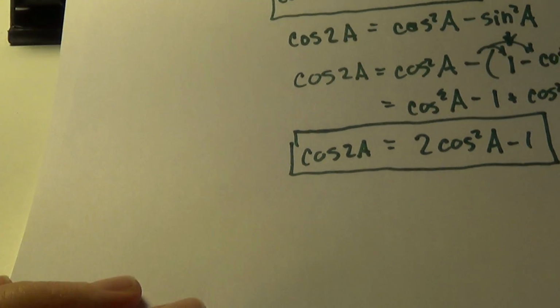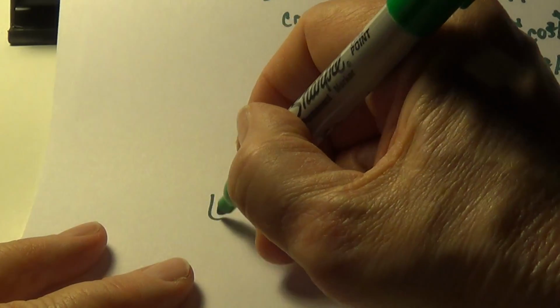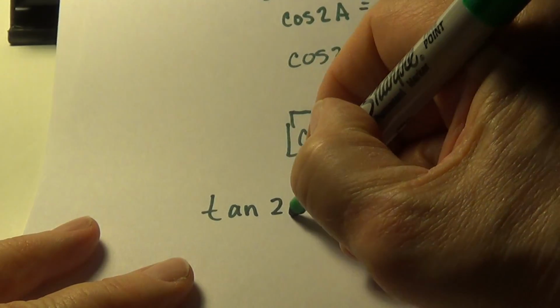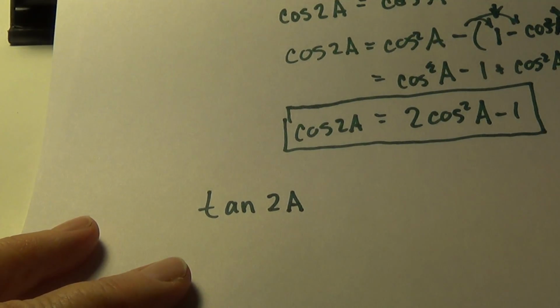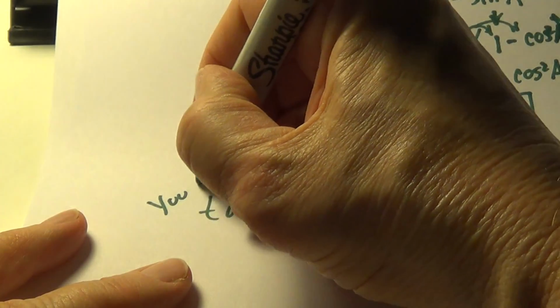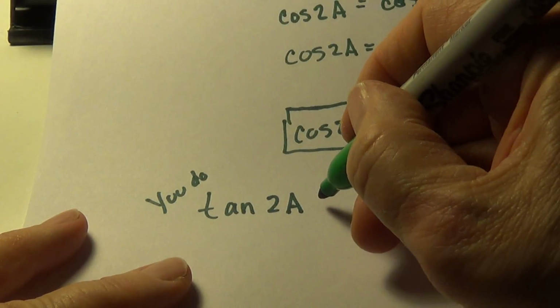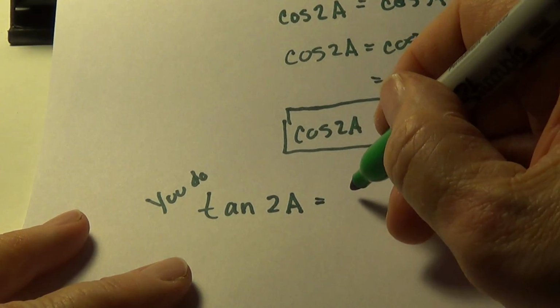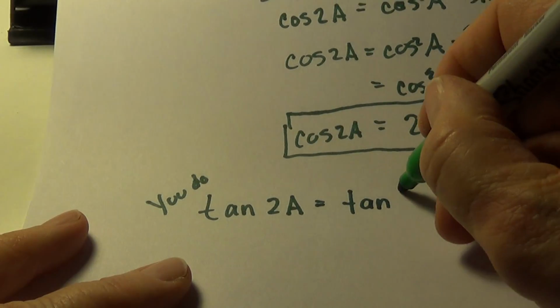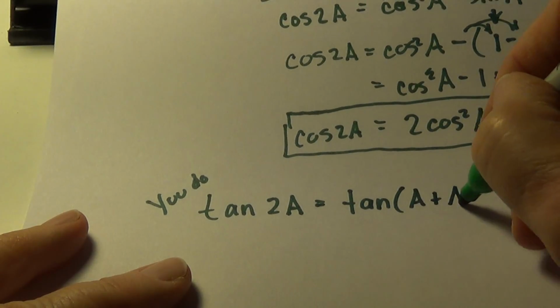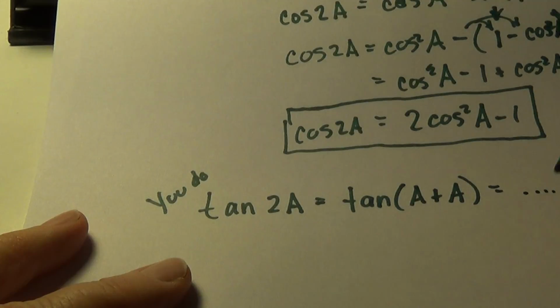And lastly, we are going to find tangent of 2a. So this one is a you do, and I'll give you a push because the tangent of 2a is going to be the tangent of a plus a. So you're going to go off of that.